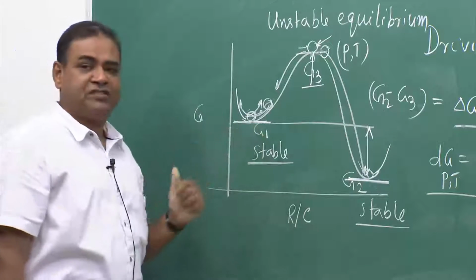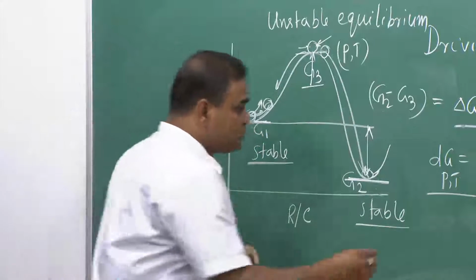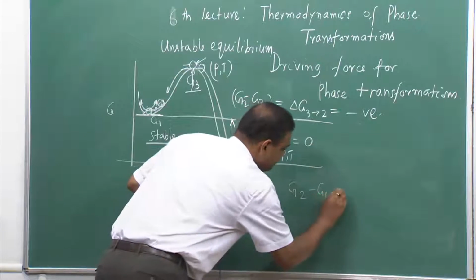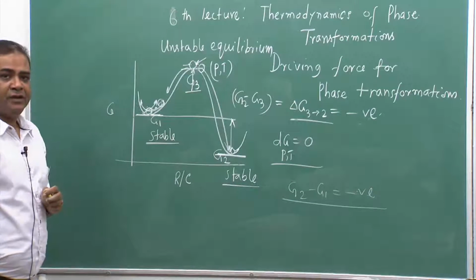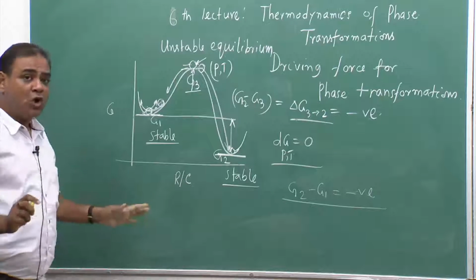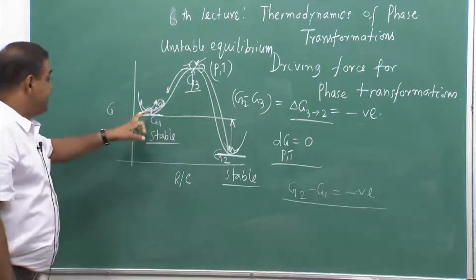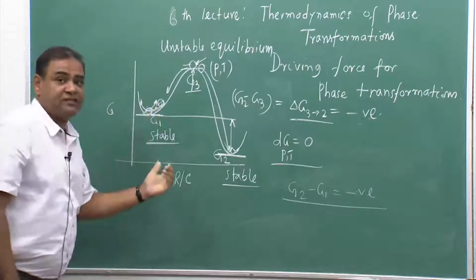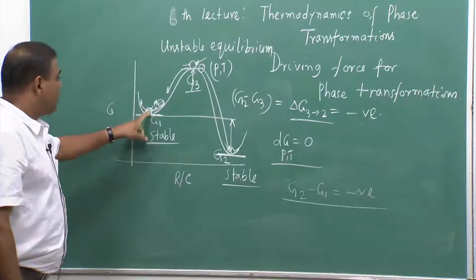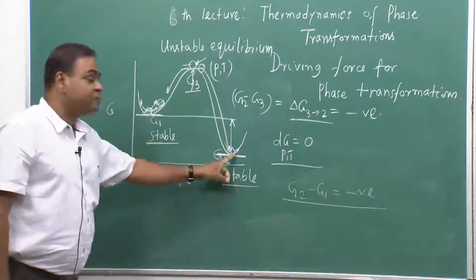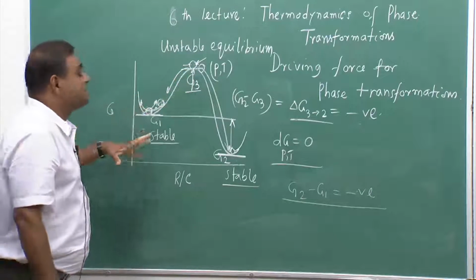Now, in this situation, though there is a spontaneity, that means G2 minus G1 is negative, this spontaneity is not a complete spontaneity like what we had here. Rather, in order for the process to take place, the ball has to be taken from this point to this point, that means it has to be given sufficient energy.